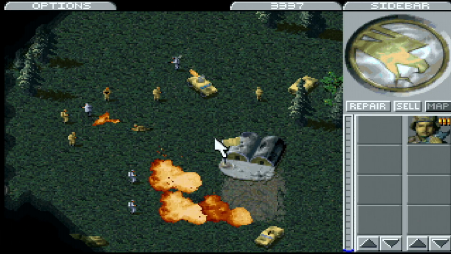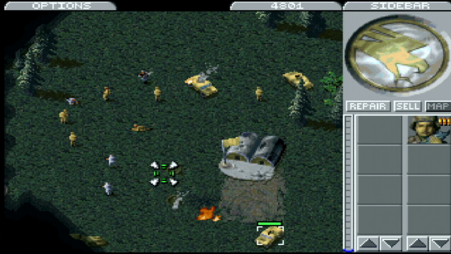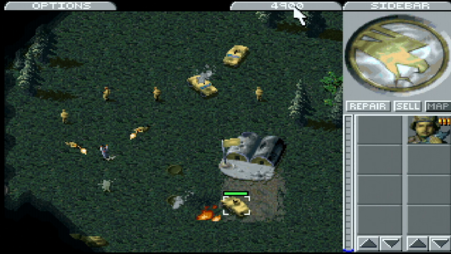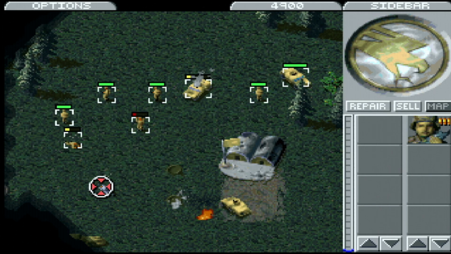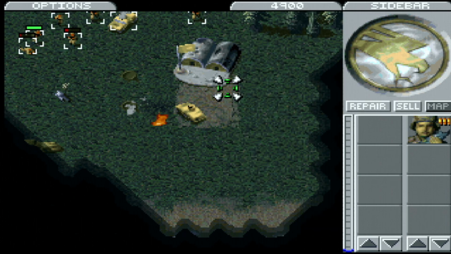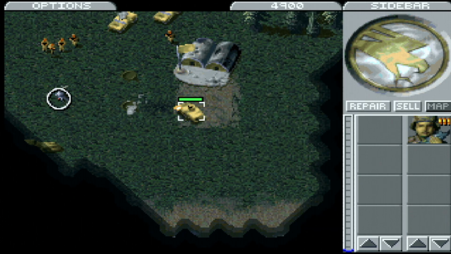Our base is under attack. Yes, sir. Affirmative. Unit lost.